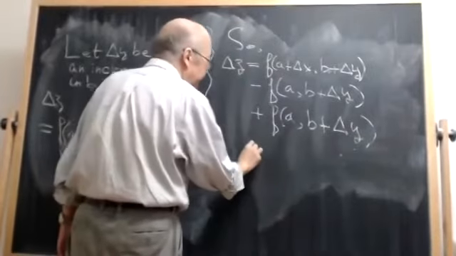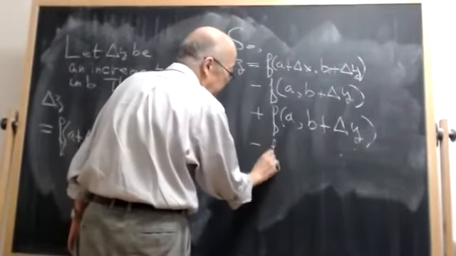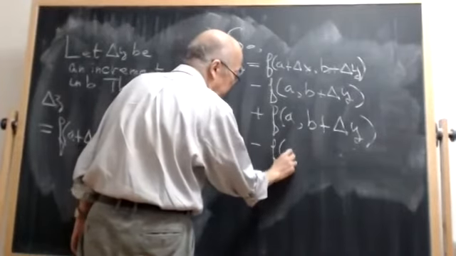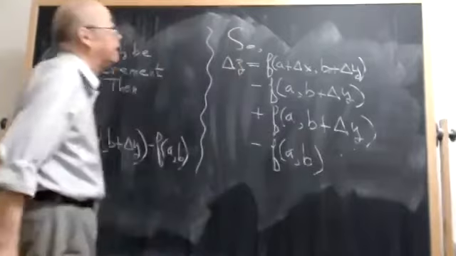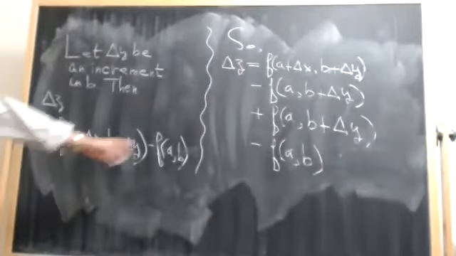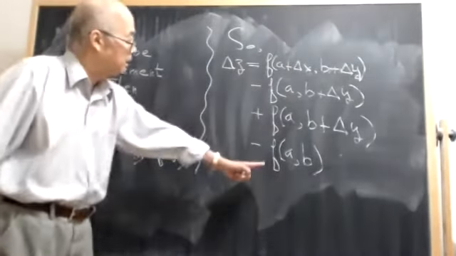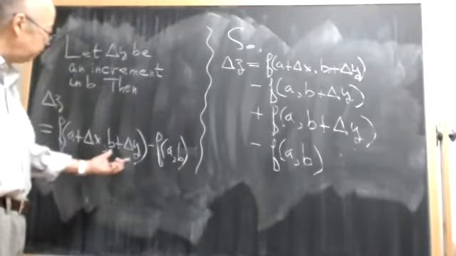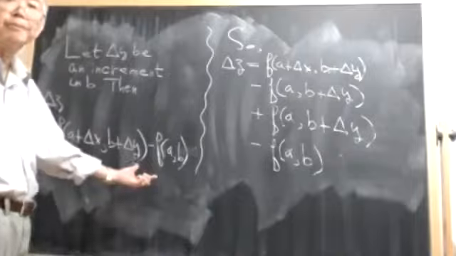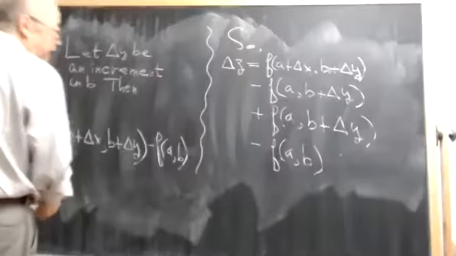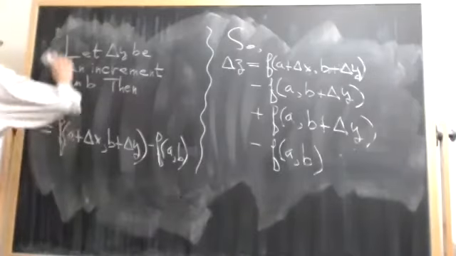And finally, I subtract f at AB. So these four terms will be simplified to these two terms. Sir, do you mind explaining why you did that, or will you explain it later? We will see now.